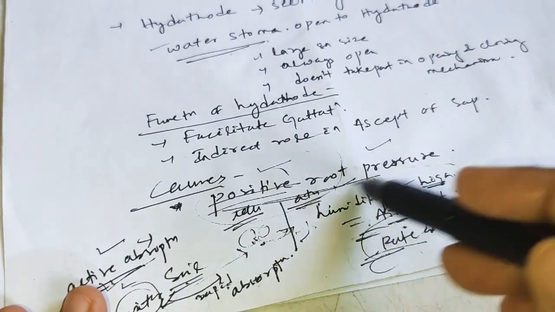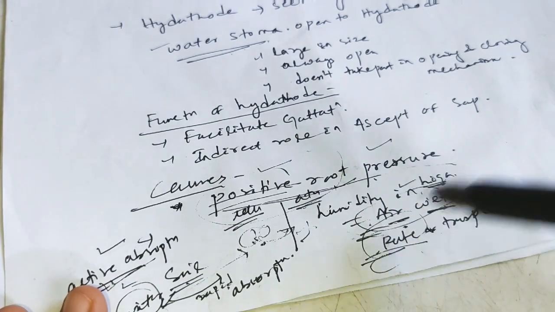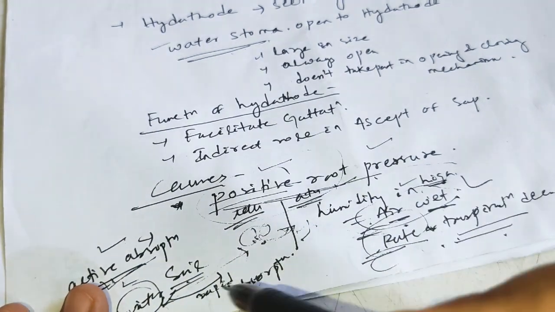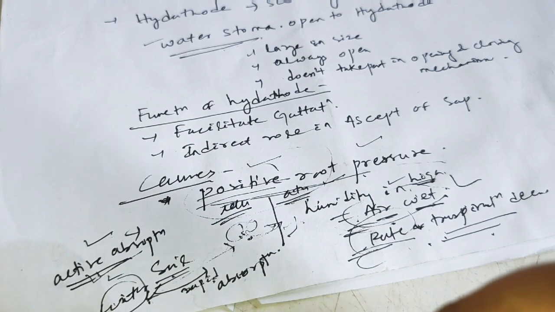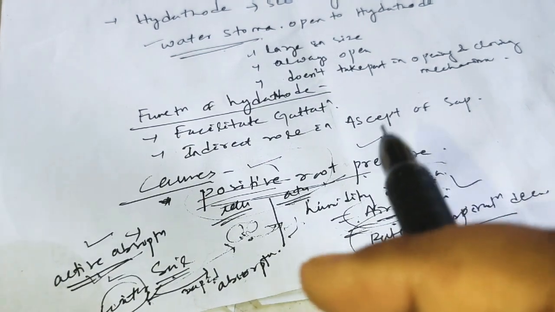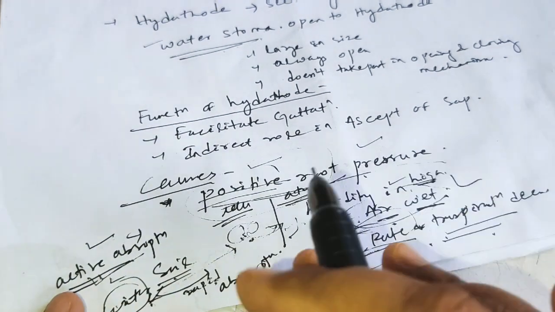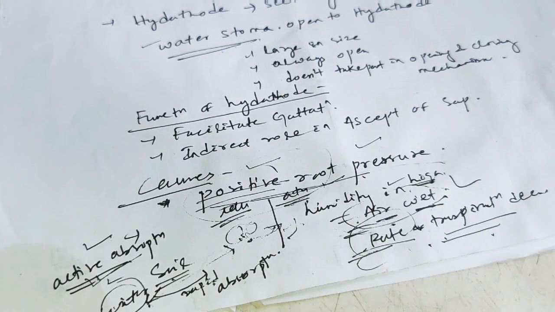But in which condition? Where there is also a need for water outside, diffusion occurs. But here the rate of transpiration decreases, because the soil condition favors rapid water absorption. Here the root participates in active absorption. That's why it creates a positive root pressure.